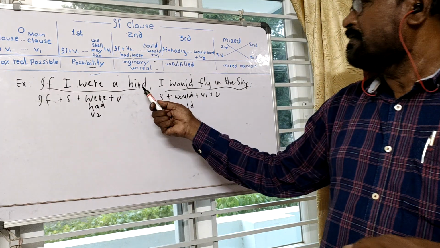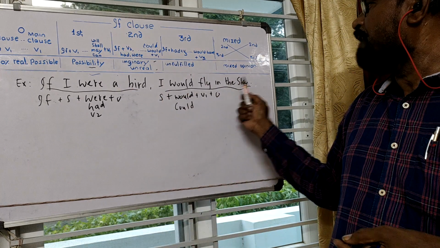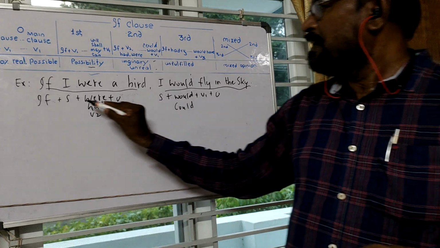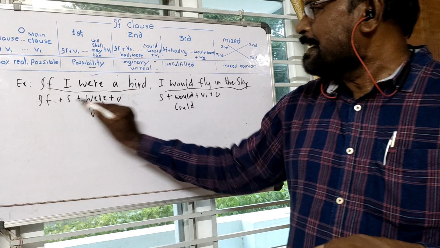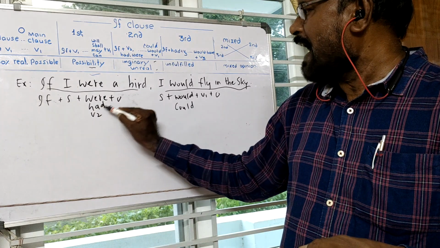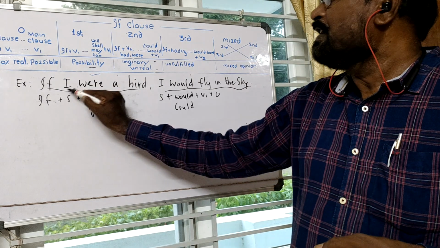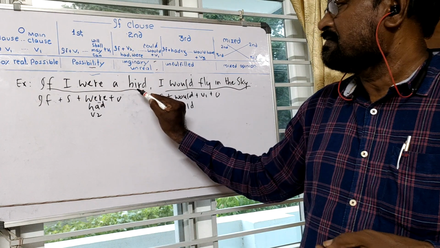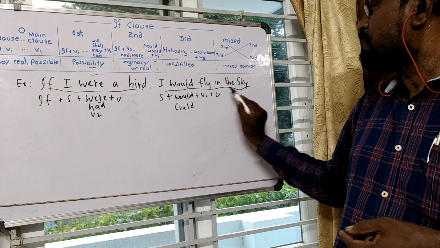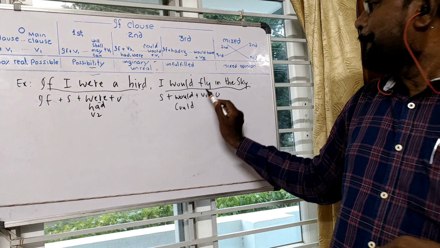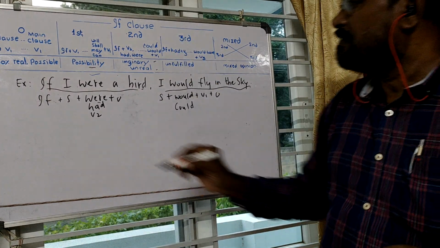If I were a bird, there is no possibility of becoming a bird, I would fly in the sky. Here we see the V2 and had verbs in the if clause, and would plus V1 or could plus V1 in the result clause. It's about the second condition.